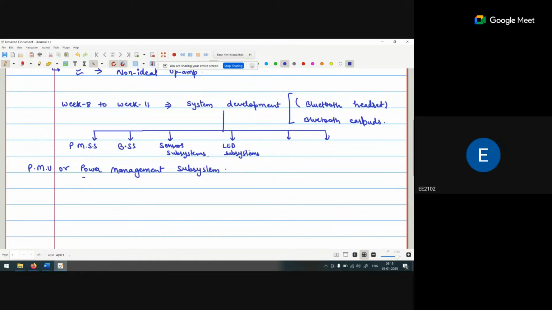So weeks 9, 10, 11 focus only on this power management subsystem. This power management subsystem is also a combination of multiple subsystems.